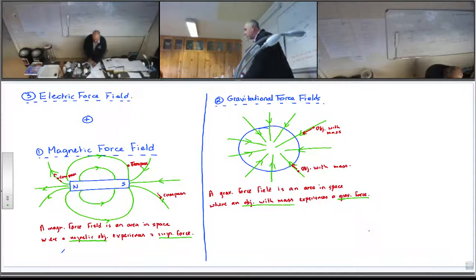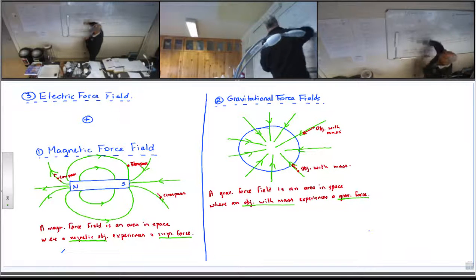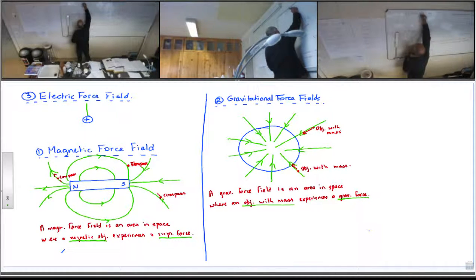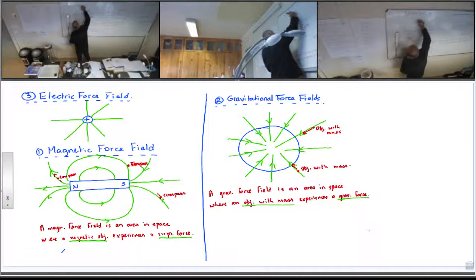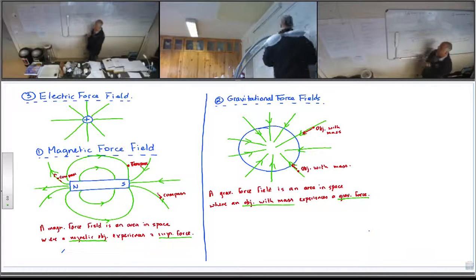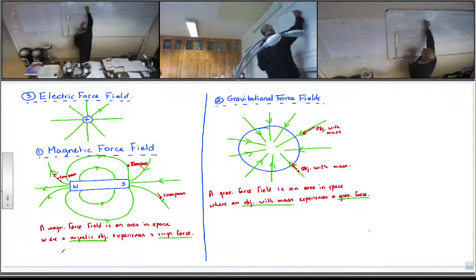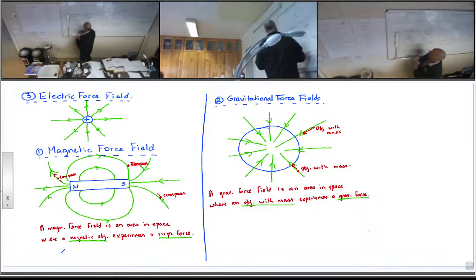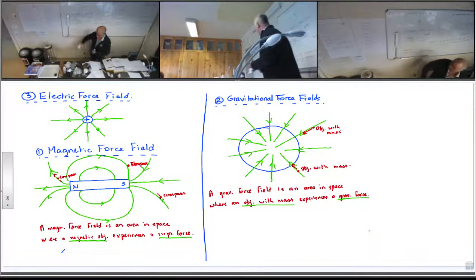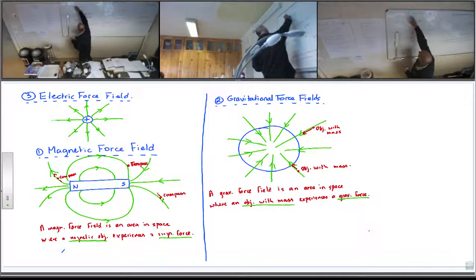So let's take a charged particle, a positively charged particle, as an example. Around that positively charged particle, you will find field lines. And which way do those field lines run? Outwards. Remember, you don't really find the field lines. They're just a means for us to understand electric fields a little bit better.